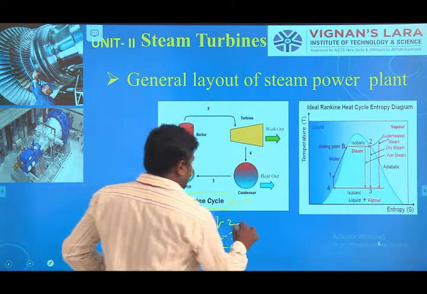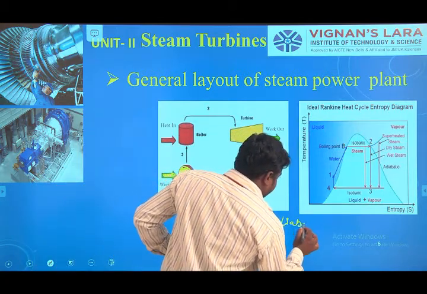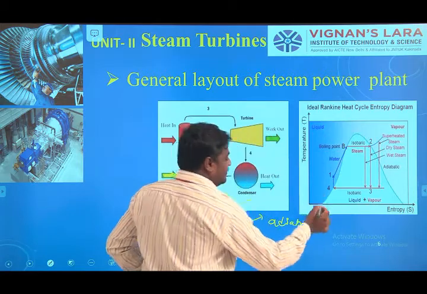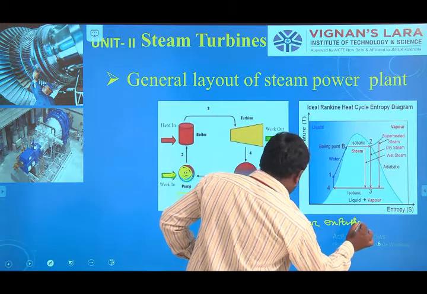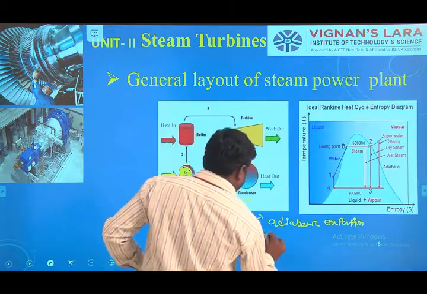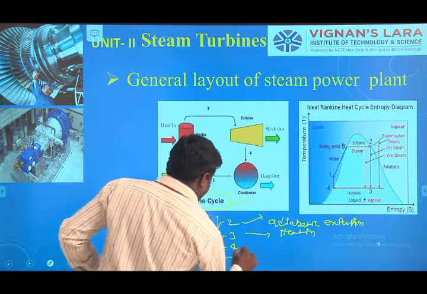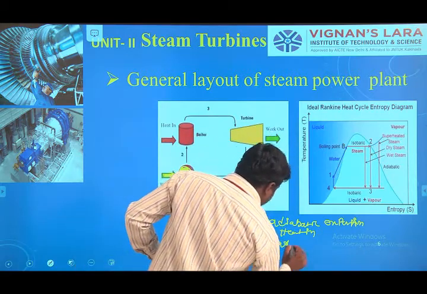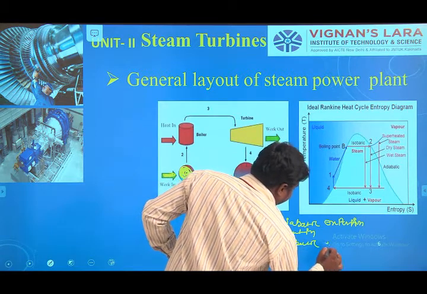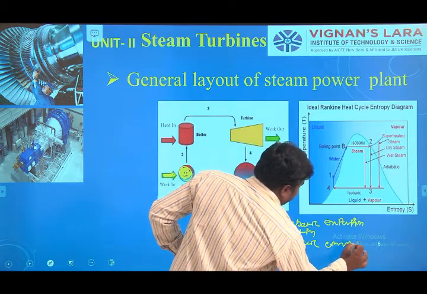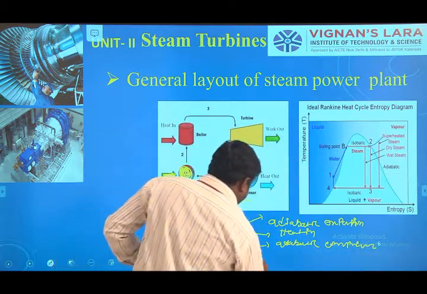The 1 to 2 is the adiabatic expansion, 2 to 3 is heat in, and 3 to 4 is adiabatic compression, then 4 to 1 is heat out.